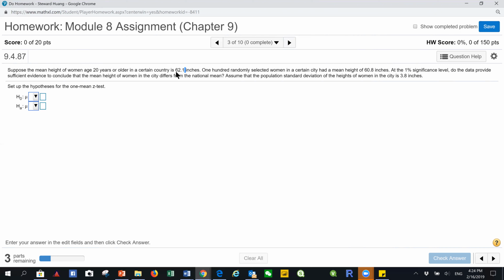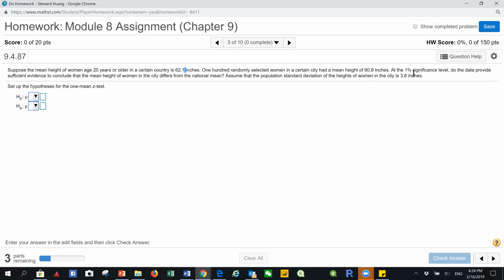Obviously 62.1 will be your mu0, which is your claimed mean under the null hypothesis. 100 randomly selected women, which is n equal to 100. And the mean height is x bar from the sample. Alpha is the significance level, equal to 0.01.